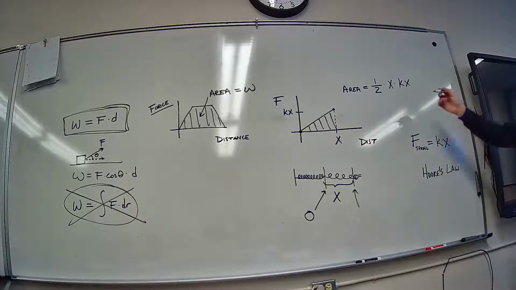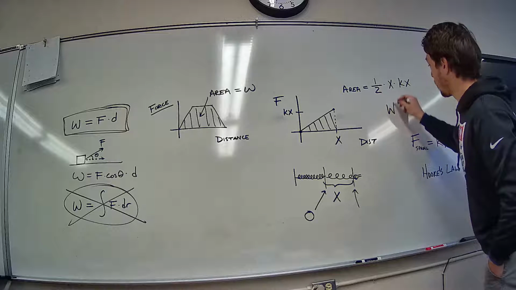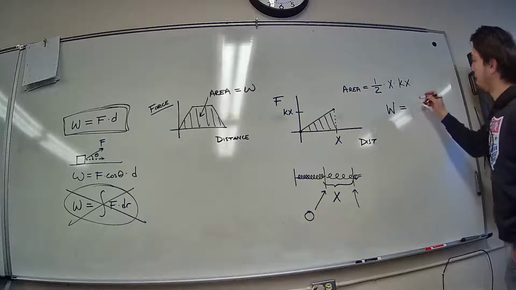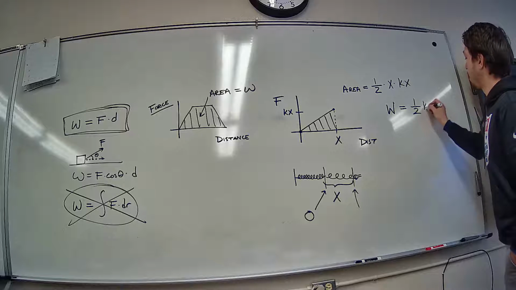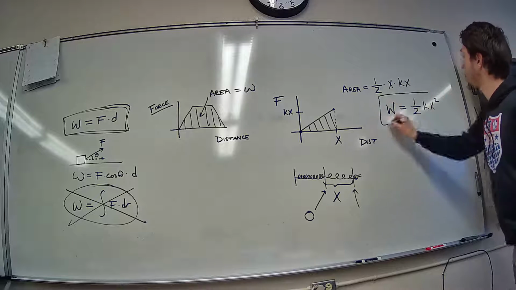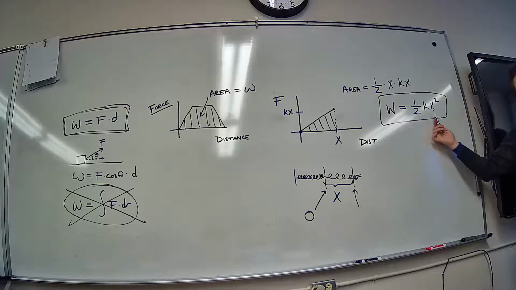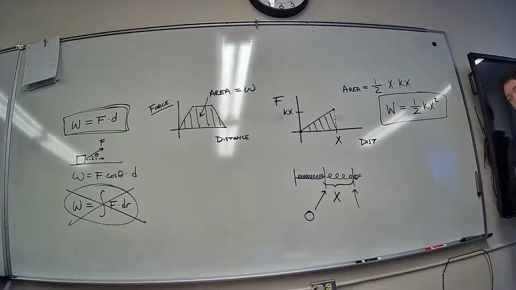So that's the formula right here. The work that must be done to stretch the spring is 1/2 kx squared. Or again, k is your spring constant, how many newtons per meter, and x is the displacement.